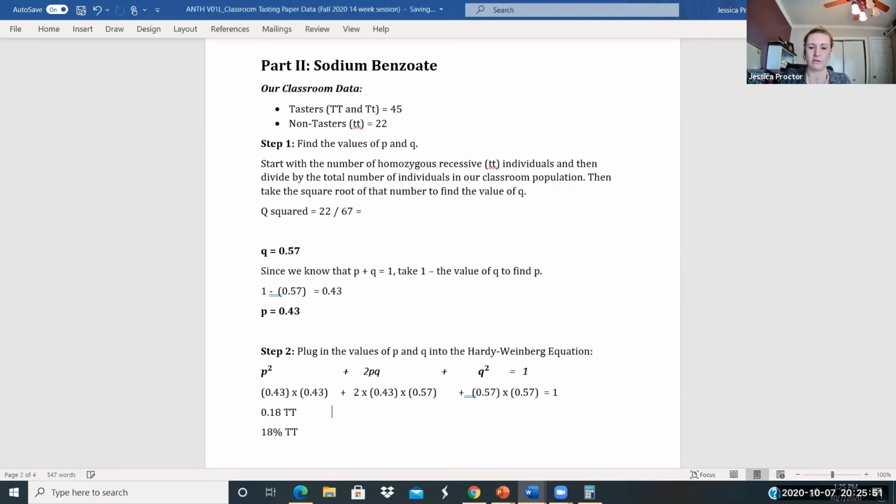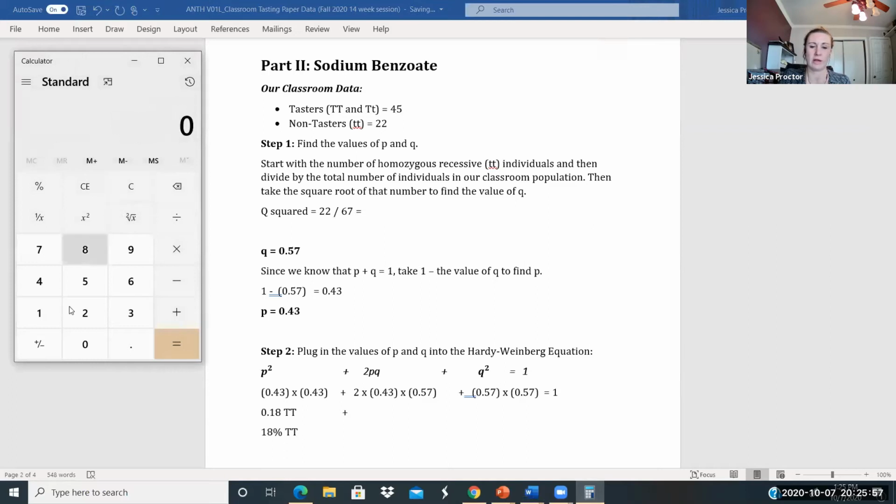All right, middle part of the equation, the 2PQ. We need our calculators again. So we're just plugging in the numbers to our calculator now. 2 times 0.43 times 0.57 gives us this number. Remember, we're going to round to 2, so we're looking at that third number. It's definitely below 4, so we're going to leave that 0.49.